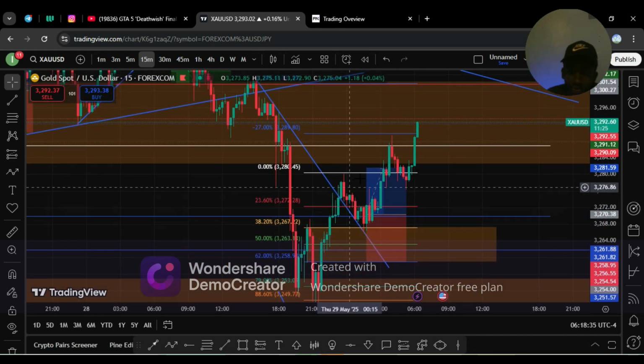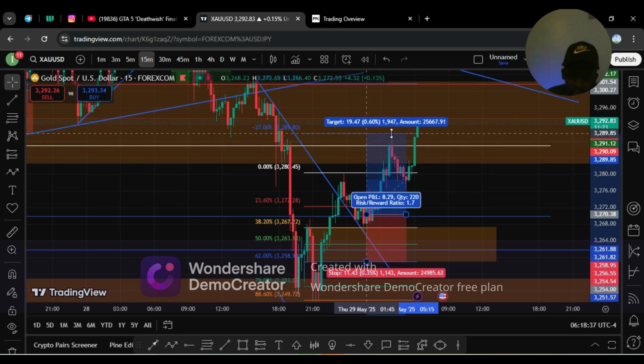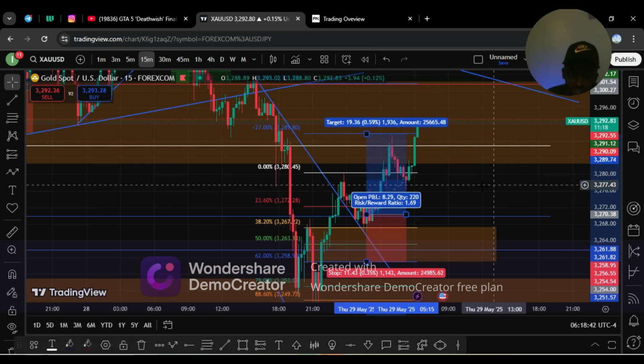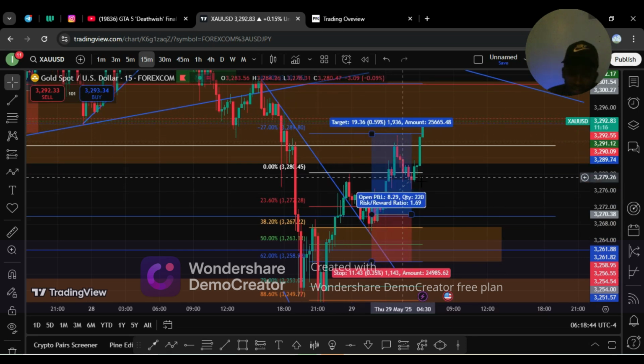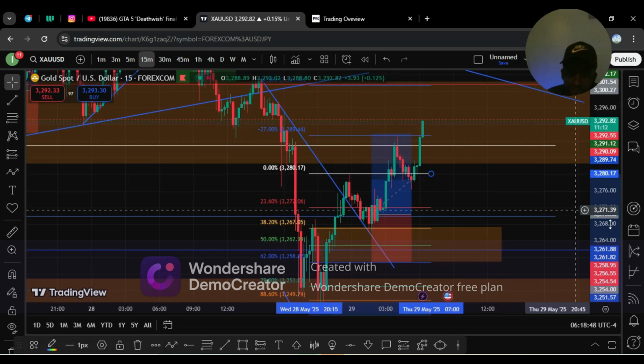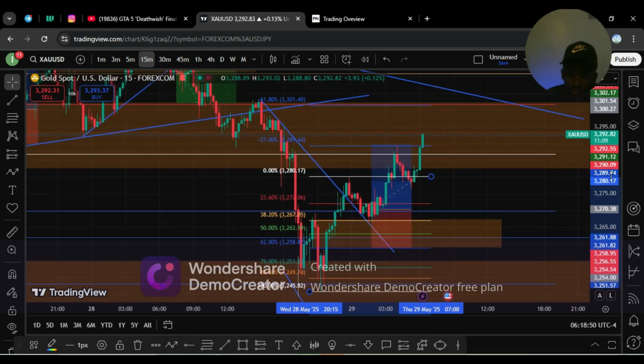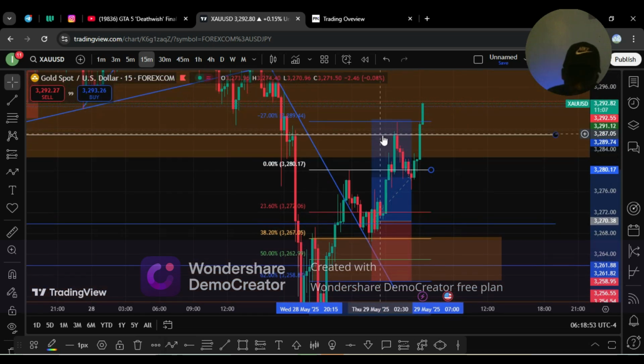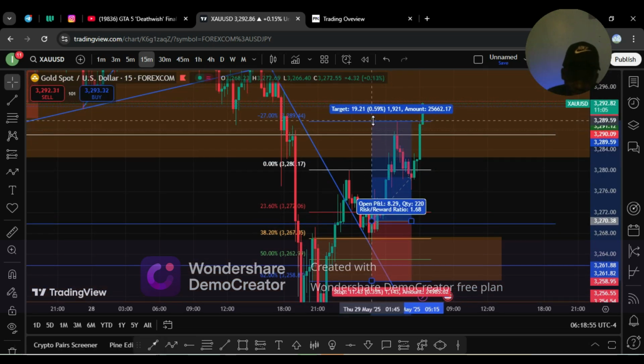As I entered the trade, my first initial take profit was the negative 27, and you can see how perfectly price touched it. That was my first initial target.